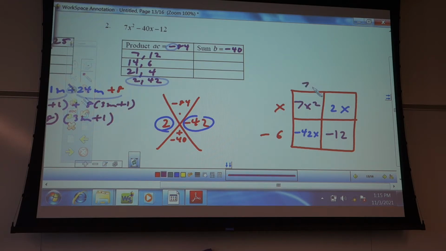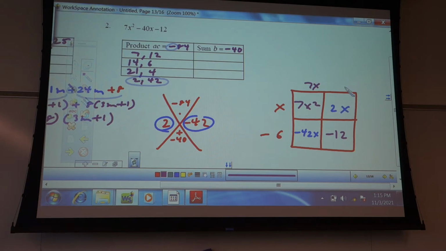What can I factor out of both of these two? 7x. Or if you're not sure, you can play this game. You can say, what times x gives me 7x squared? These two need to multiply to give me 7x squared. So x times 7x gives me 7x squared.